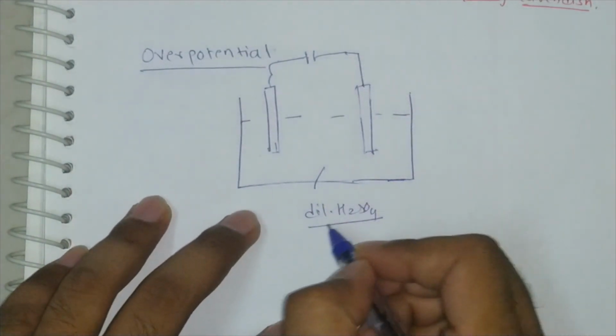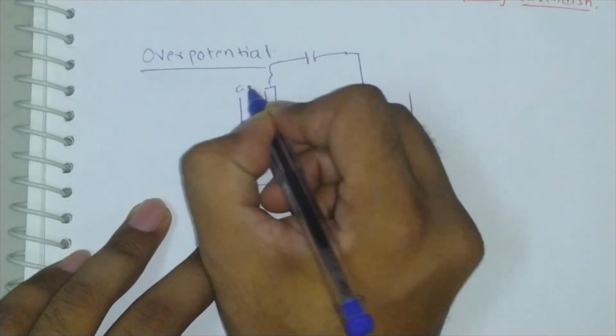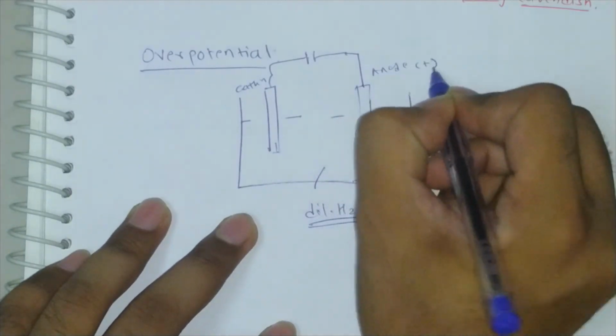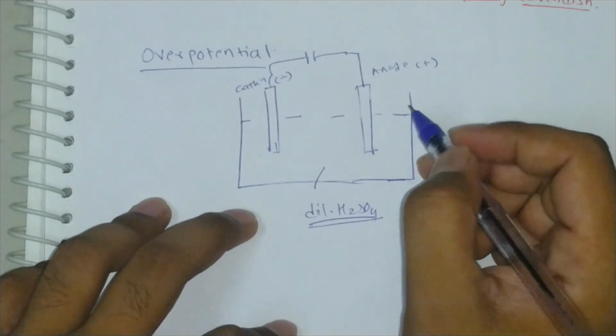Now we know during the electrolysis of dilute H2SO4, if this is cathode and this is anode, the cathode is negatively charged, anode is positively charged.